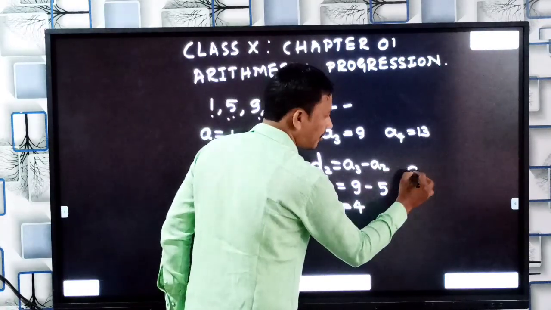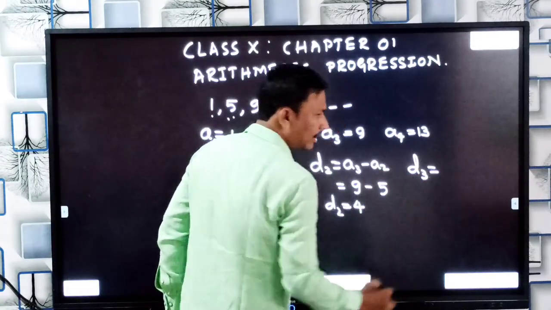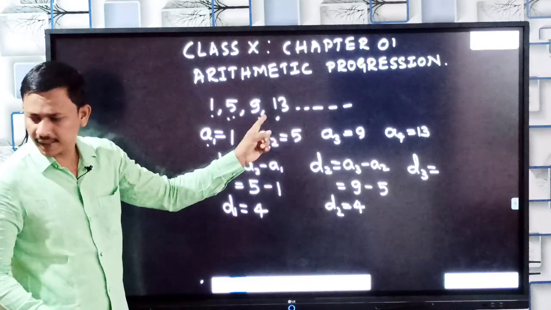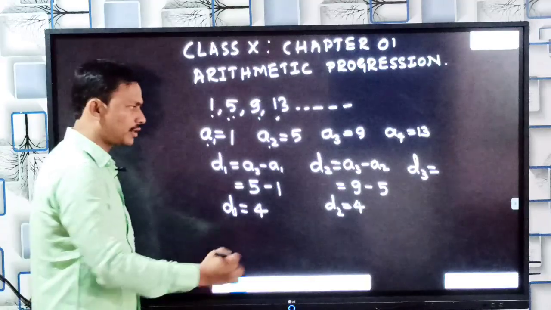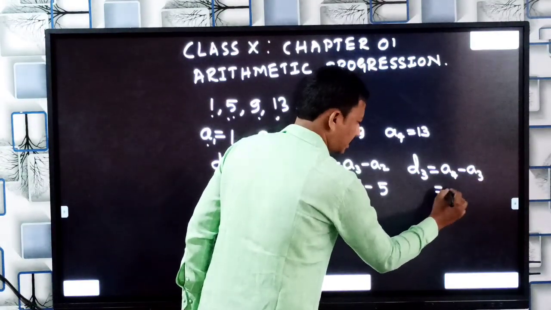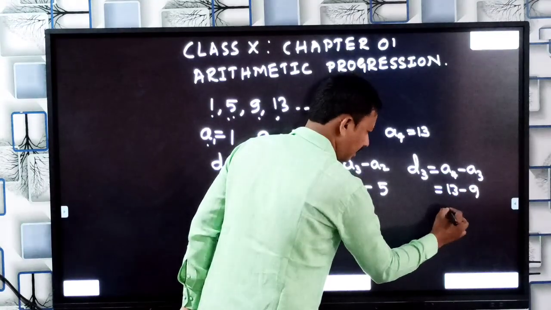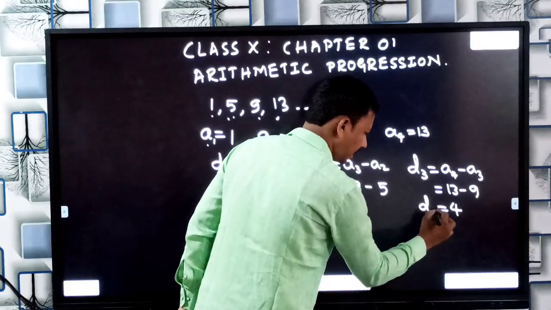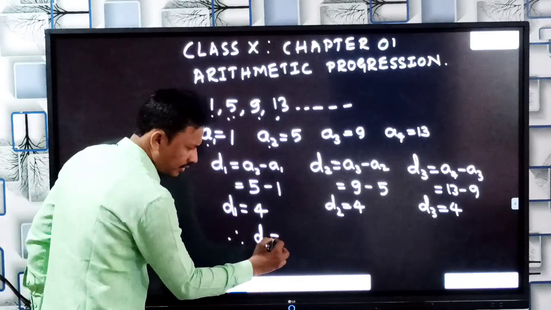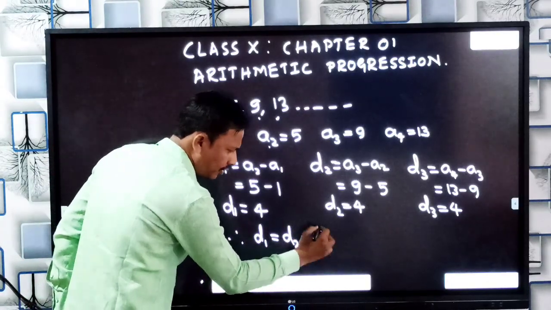Then we need to find D3, the third difference. D3 is equal to fourth term minus third term, A4 minus A3, that is 13 minus 9. This is equal to 4. D3 is equal to 4. Therefore, D1 is equal to D2 is equal to D3.